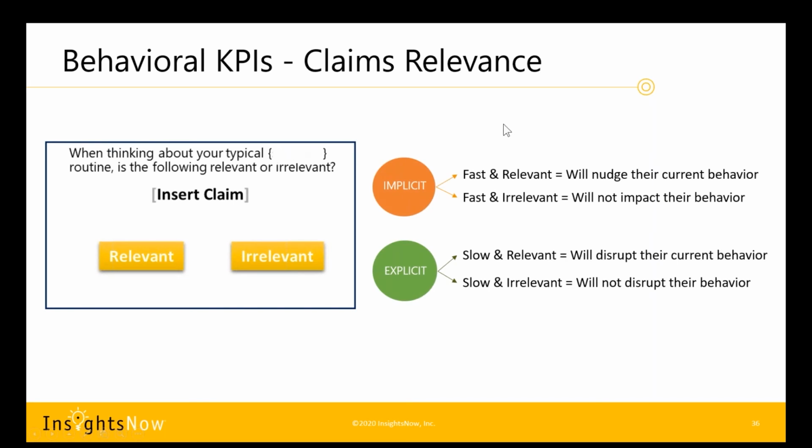And we can also look at relevance as another type of KPI, in very rapid fashion. How fast is this relevant or irrelevant? If somebody takes a long time to respond to a specific claim, we know that it has disrupted them, especially if it's relevant. If it's relevant, it's a positive disruptor that takes a long time.